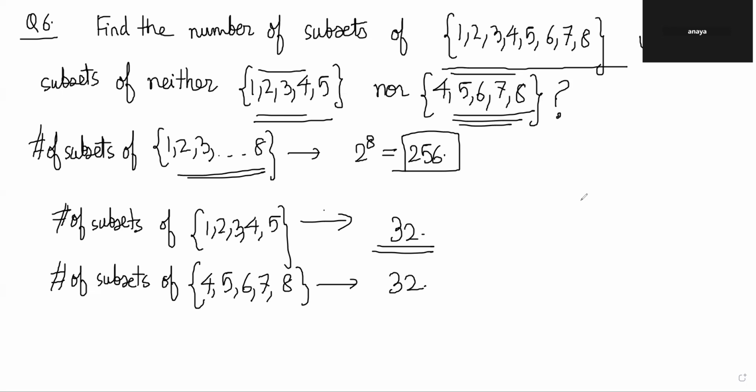Wrong, you have to be careful. Oh, wait, because 4, 5 is repeated in both. So 64 minus 3, so it would be 256 minus 61.